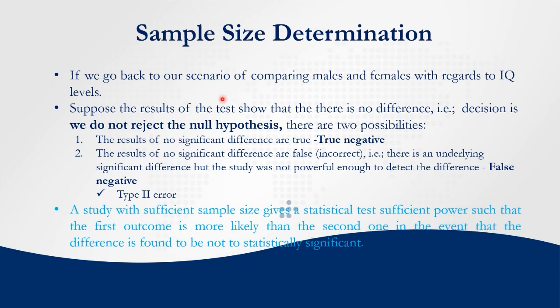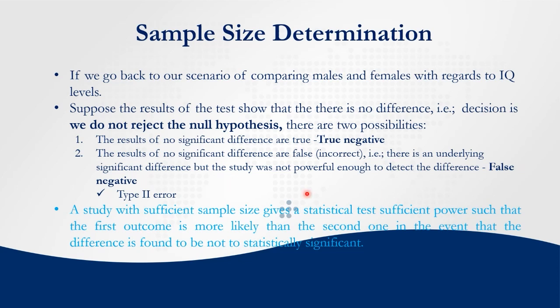If, based on the data that we collected, we come to the decision that we do not reject the null hypothesis, it's possible that there are no differences, which means that our test gave us the right thing. It's also possible that the result of no difference is false. So the difference is there, but the study was not powerful enough to detect the differences.